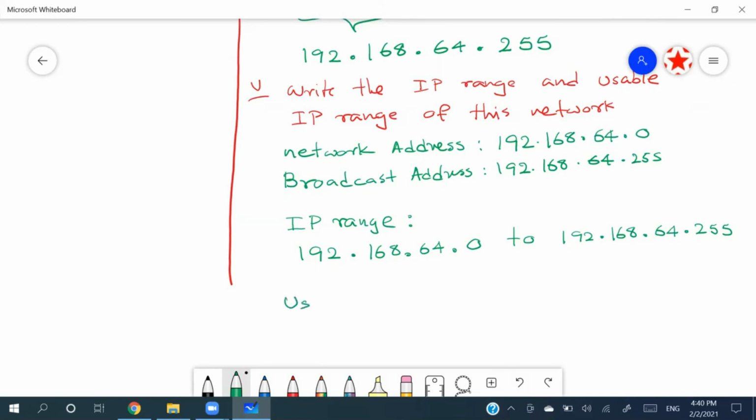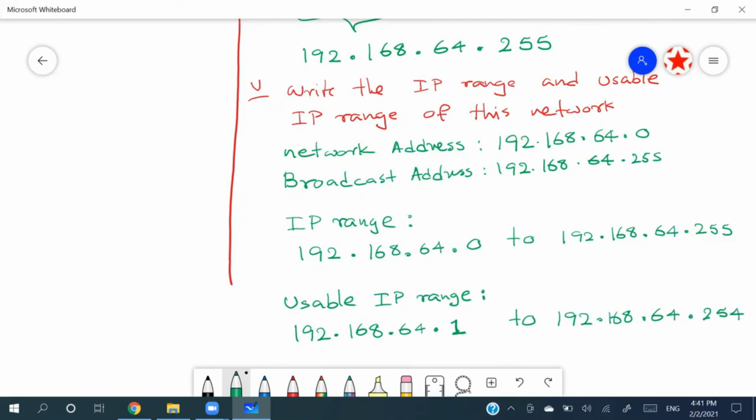Then the usable IP range is 192.168.64.1, because the value after 0 is 1, to 192.168.64.254.